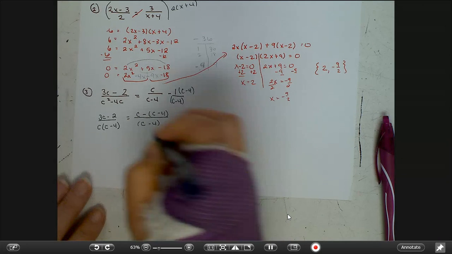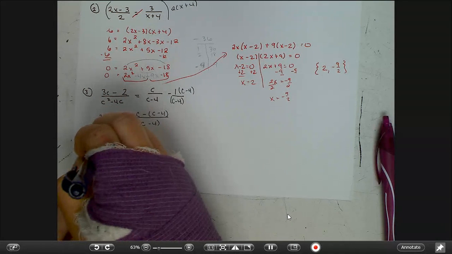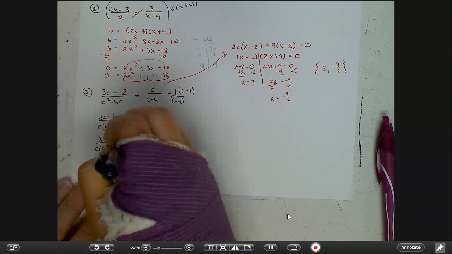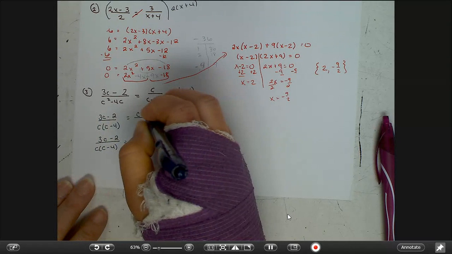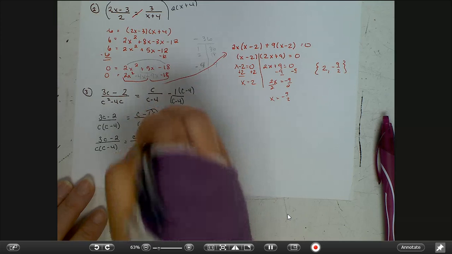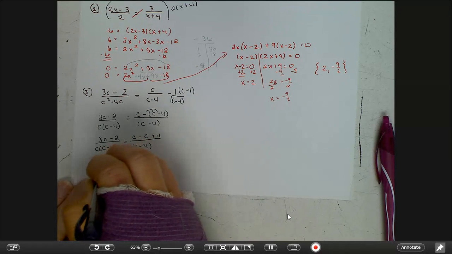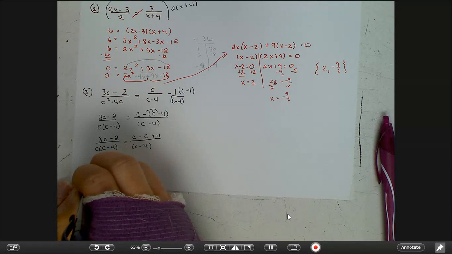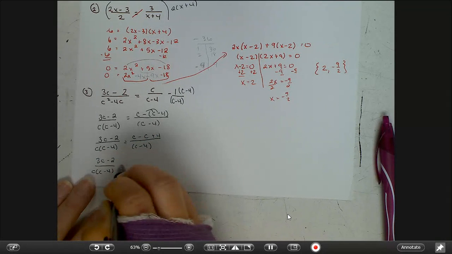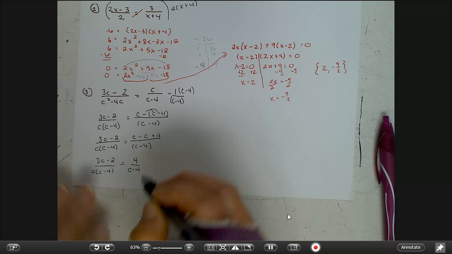All right, simplify the numerator. Equals, distribute, c minus c plus 4. 3c minus 2 over c times c minus 4 equals 4 over c minus 4.